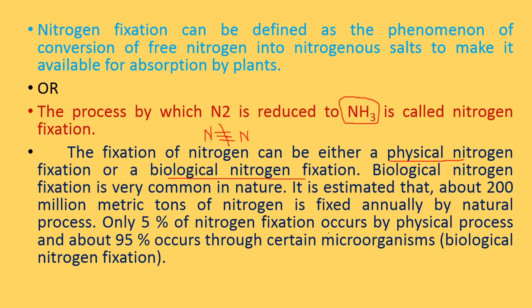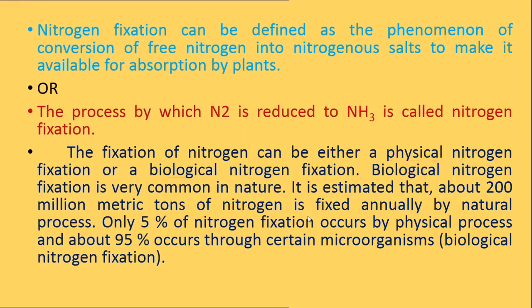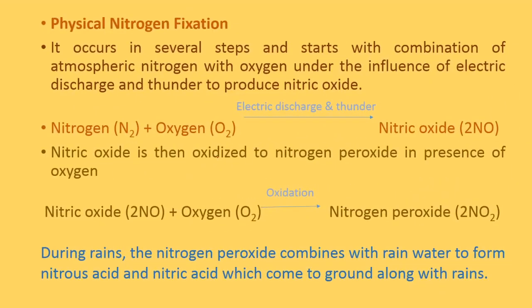We should know how nitrogen gets fixed by the physical method. In this slide we will see how physical nitrogen fixation takes place. Physical means that in this process of nitrogen fixation there is no interference of any biological entity or biological organism.